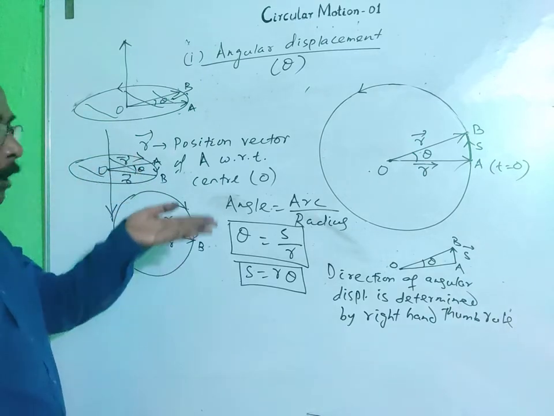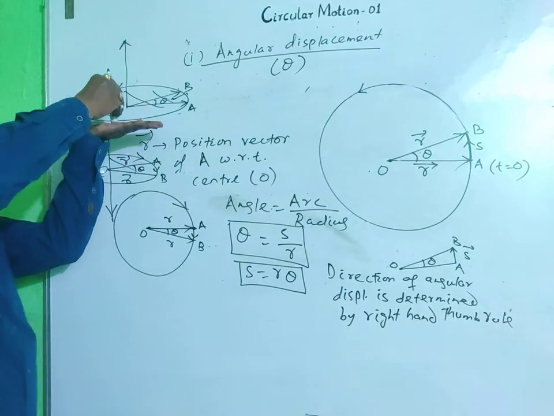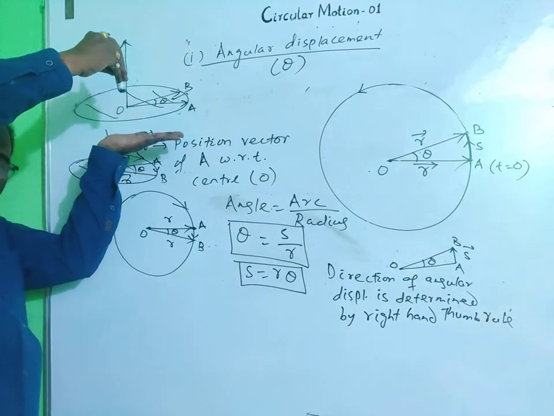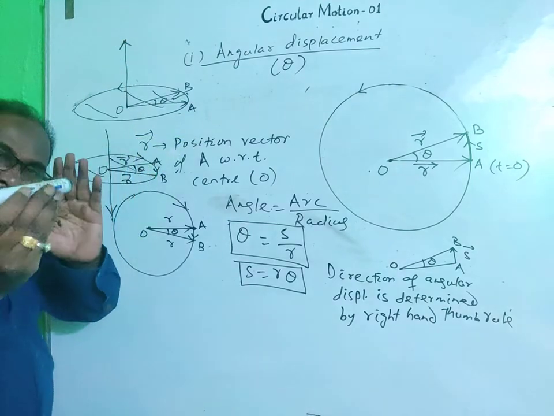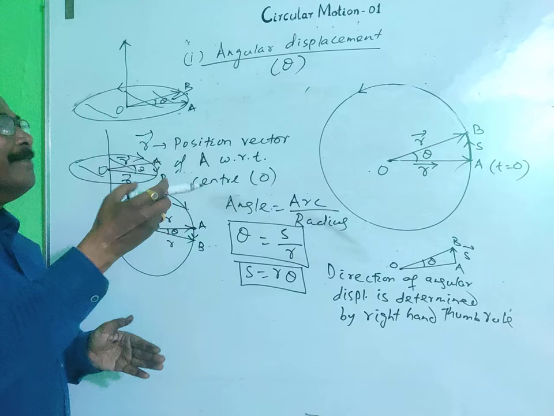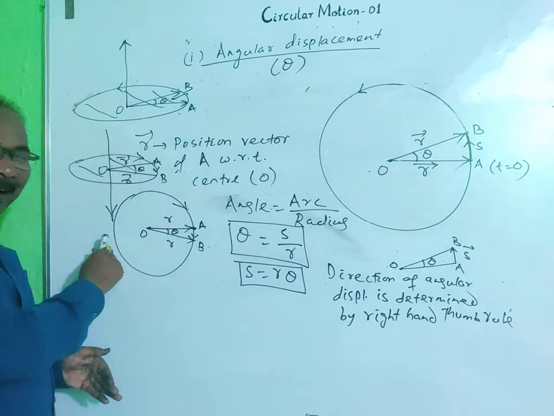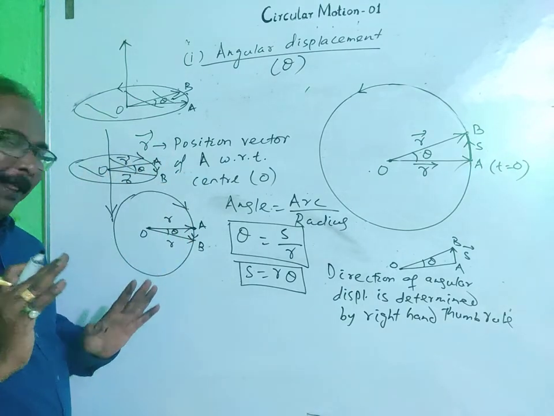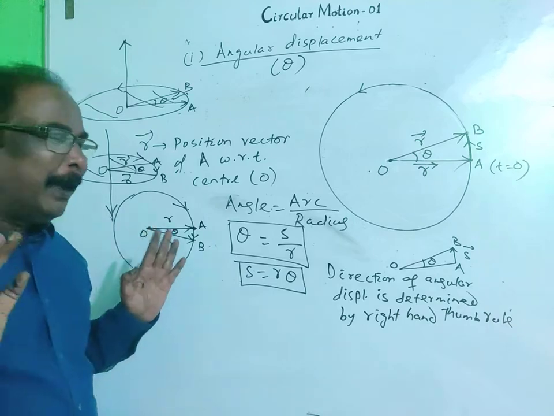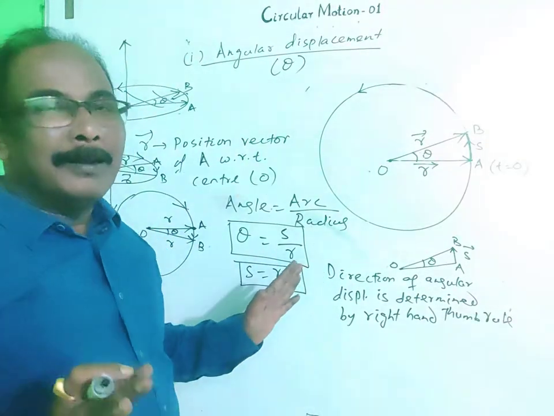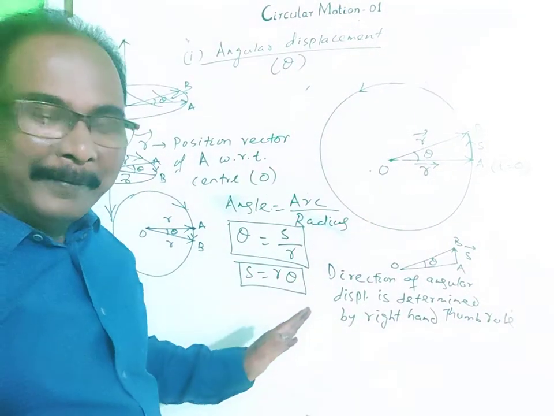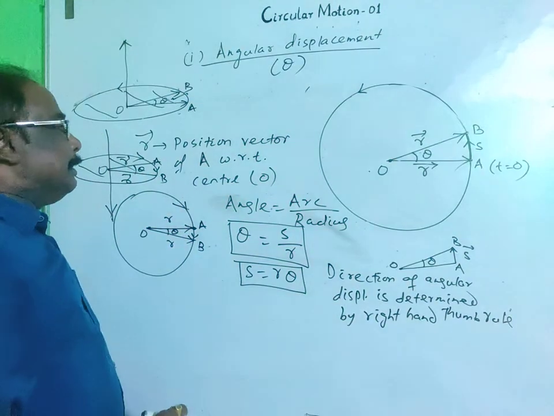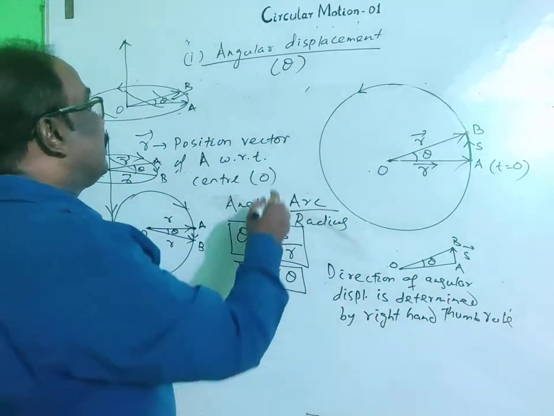It may be outward, upward, inward, or downward, whatever. The direction is perpendicular to the plane of revolution of a particle. Is it clear?